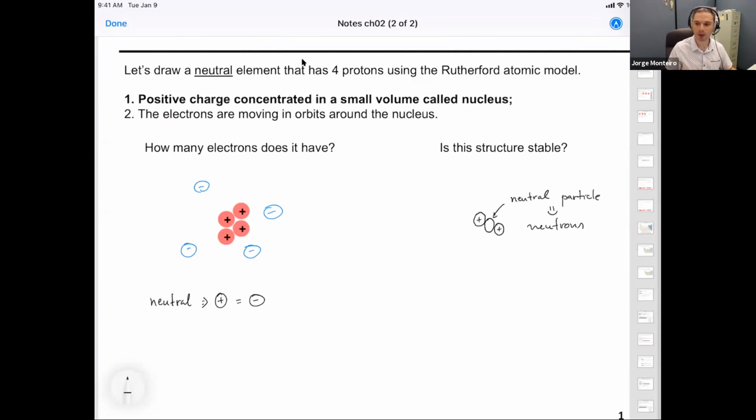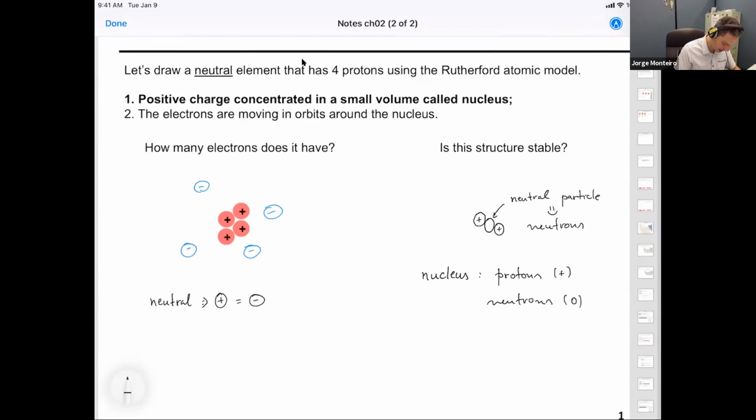Now we have everything in place. In the nucleus, we have protons, which are positive, and neutrons, which are neutral.